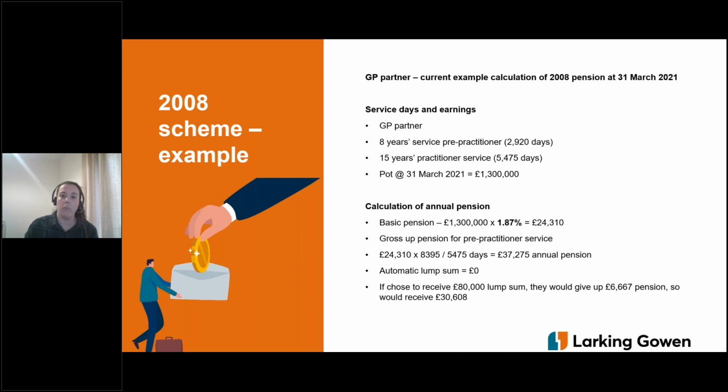So you've got this higher pot that you could draw as a pension, but what you then don't get is an automatic lump sum. If this doctor said, well, actually, I might want maybe 80,000, I've got something I want to do on retirement, it would cost them £6,667. So their 37,000 becomes 30,600 to get that £80,000 tax-free lump sum.